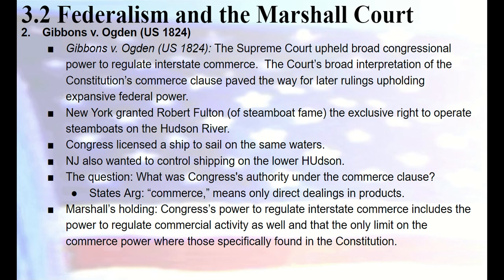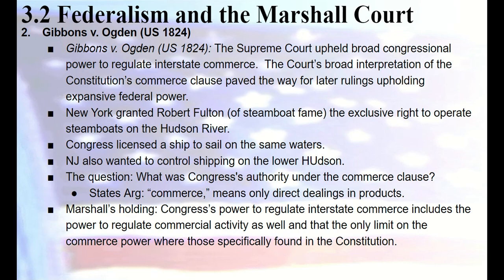The state argued that commerce means only direct dealings in products. The Marshall Court held, in other words, they ruled, that Congress's power to regulate interstate commerce includes the power to regulate commercial activity, not just products, as well, and that the only limit on the commerce power were those specifically found in the Constitution.